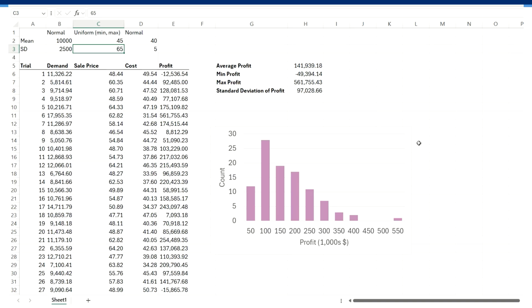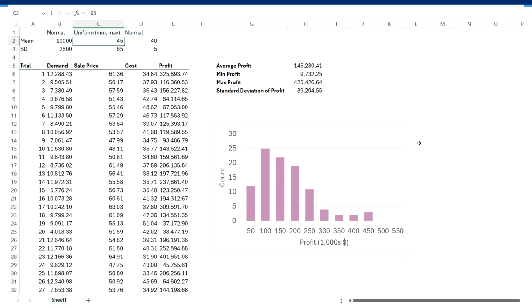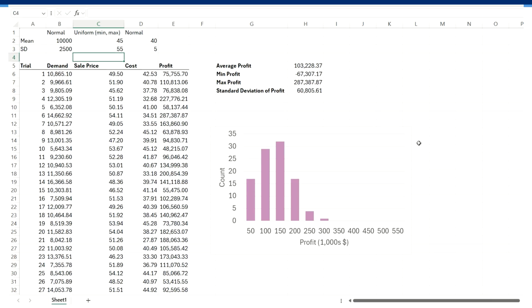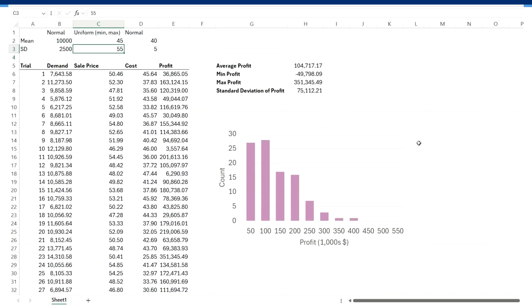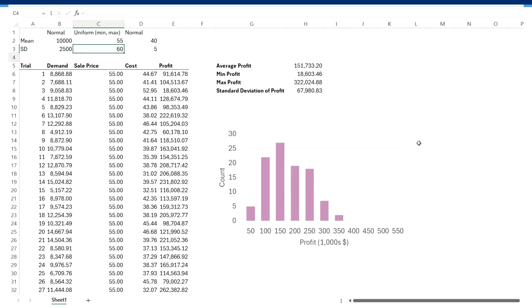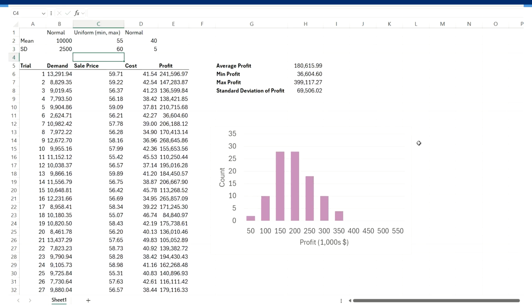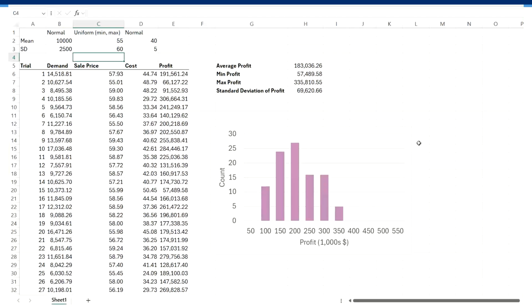Things can go a lot more wrong here, in a sense. Let's say the maximum was actually a lot smaller as well, say 55, and you can tell there's an even bigger impact. Or it could have been a narrower range. Instead of 55 to 65, let's say it was 55 to just 60, and you get a different result here as well.